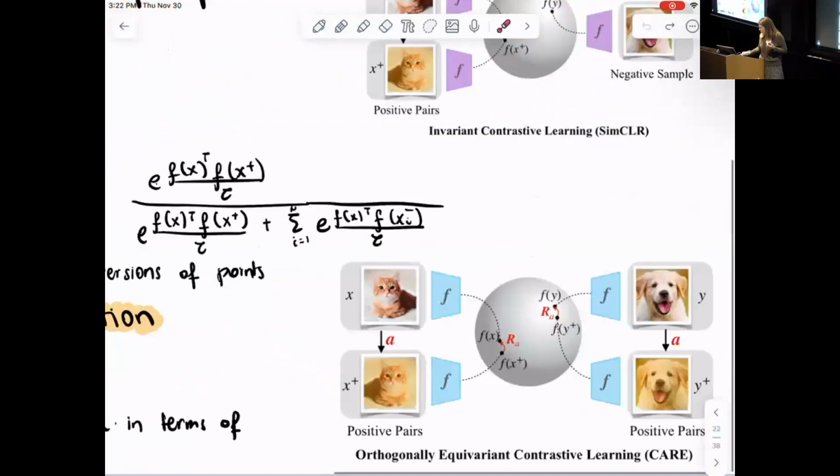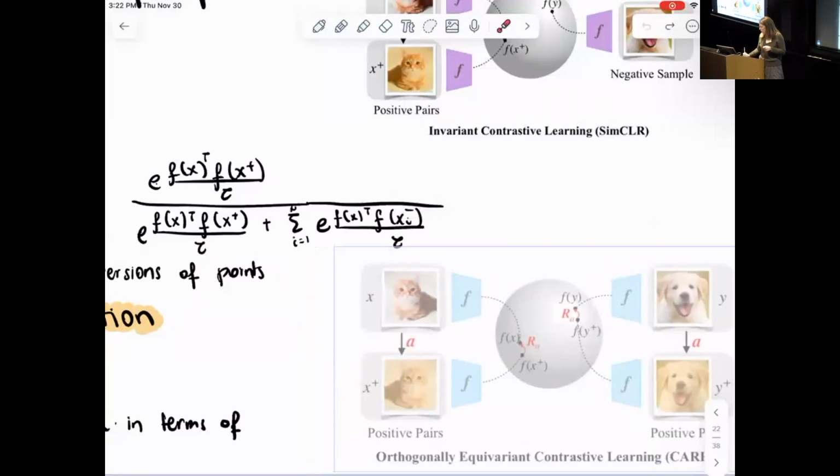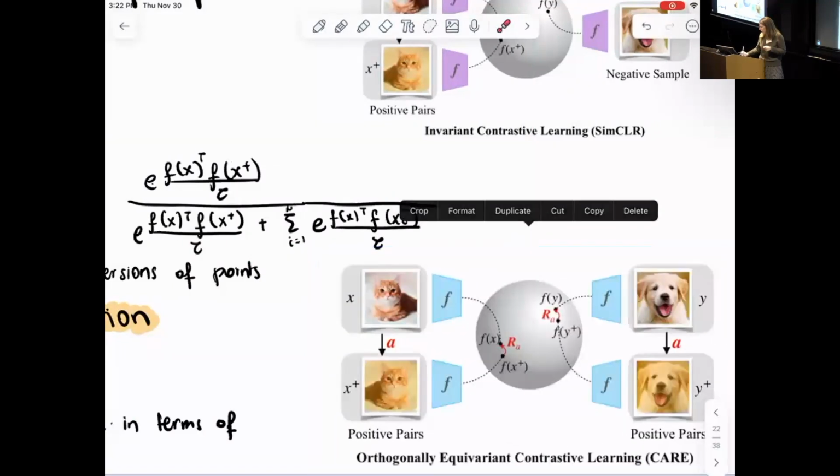But what you want is for the orthogonal transformation to be small in norm, because you still want different augmented versions of your data points to go to nearby points. If you don't have that, if your lambda is too large, then you have no control on how far these two things are. And if they're very far away, then you don't really have the structure that you want, I think.